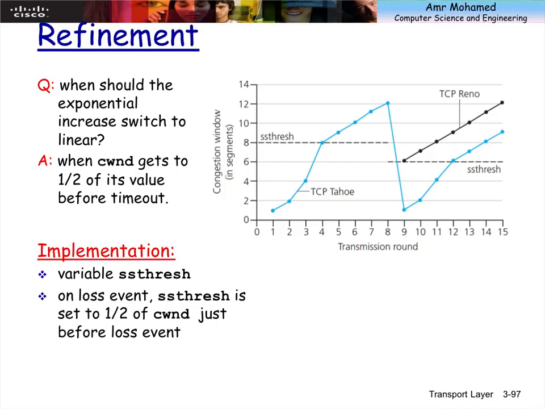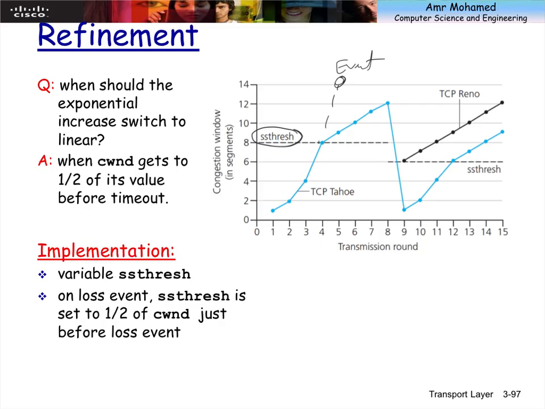an event happens. When the first event happens, we set a threshold called the slow start threshold.